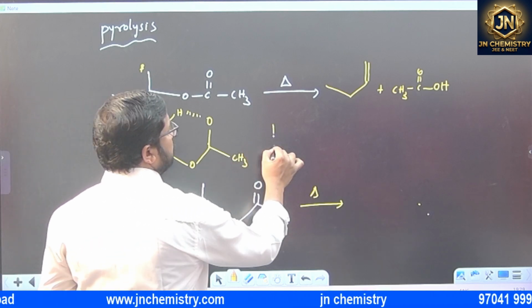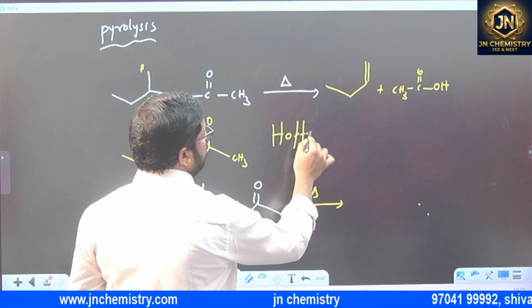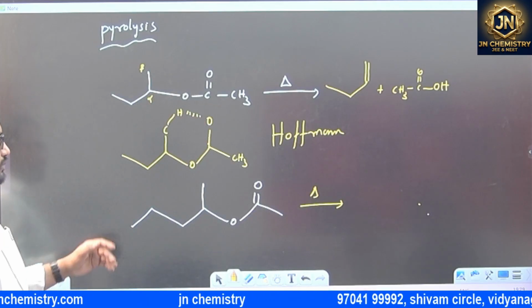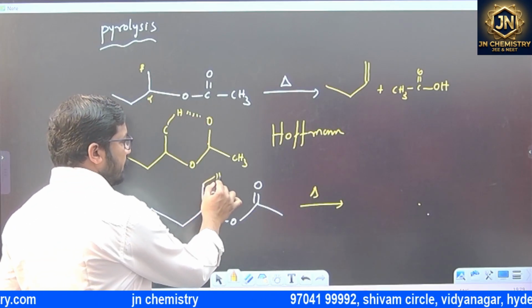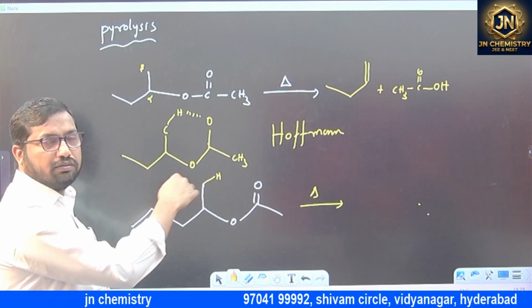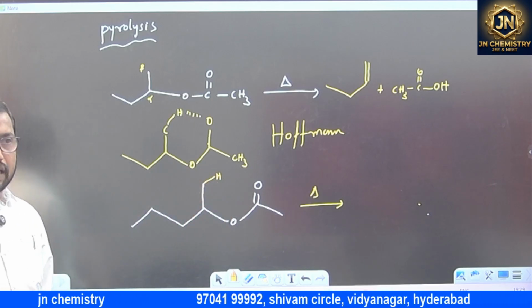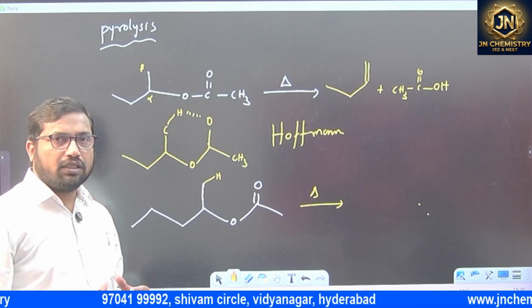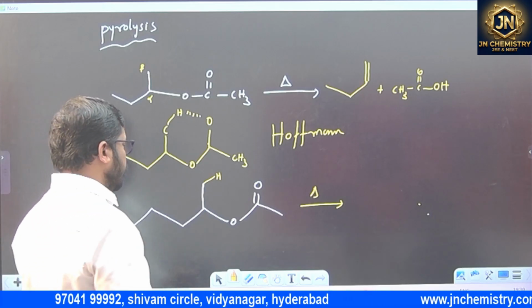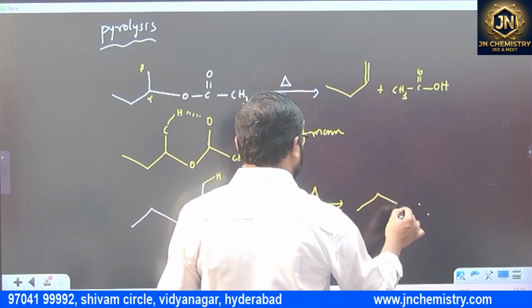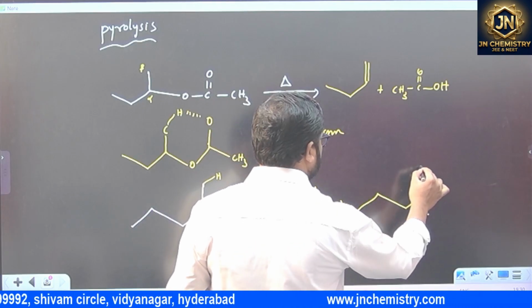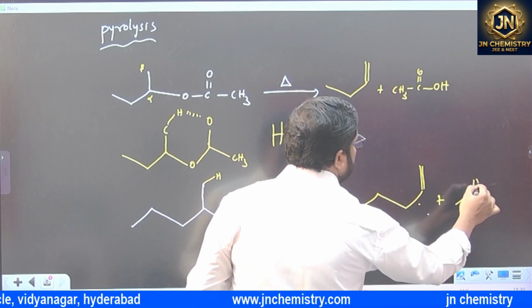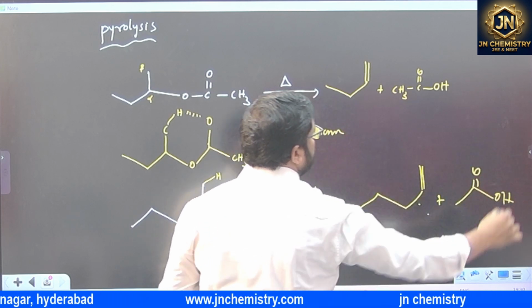Because of this hydrogen, a six-membered cyclic transition state is forming, and it is highly stable. So directly I can write the product. Here is the alkene, and C double bond OH is the byproduct.